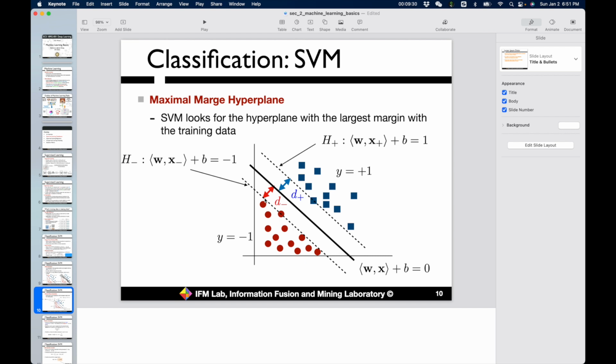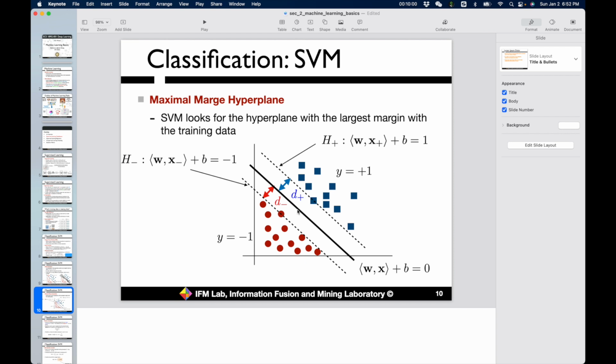And by drawing these two parallel lines, we can define the distance between them, right? We can define the positive distance and negative distance. The positive distance denotes the distance between the line we are using for separation and the parallel line we are drawing here to assist us. Similar for the negative distance, right? How can we say a line is a good one?